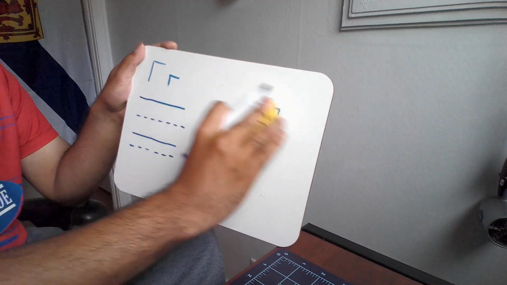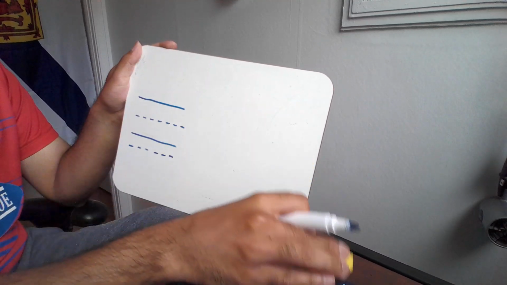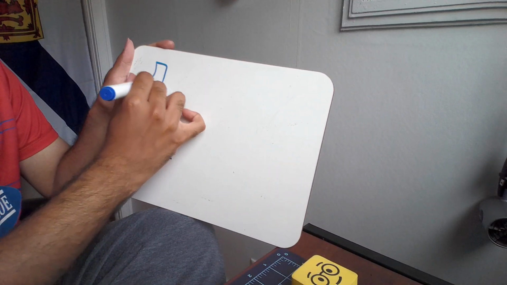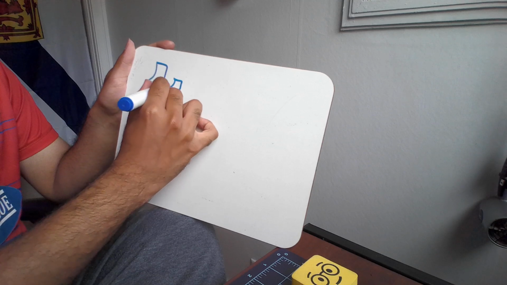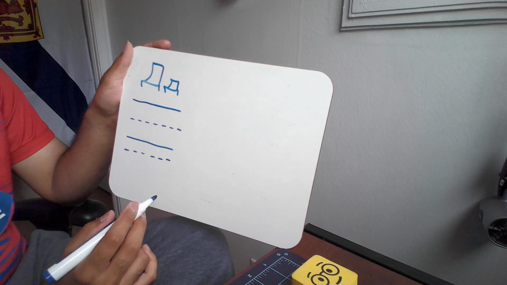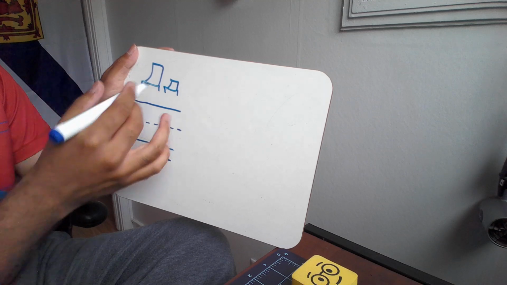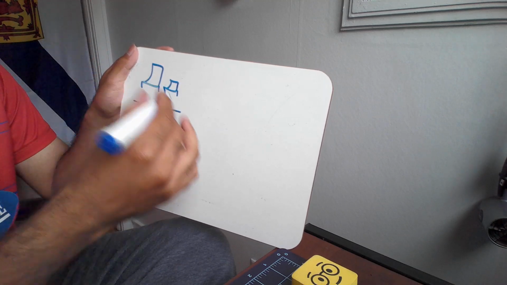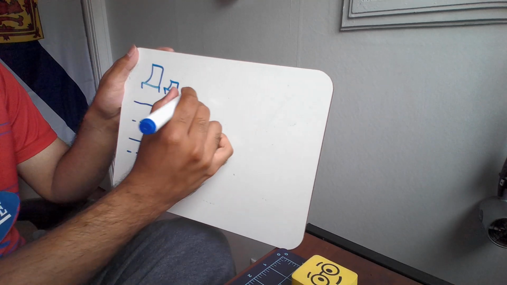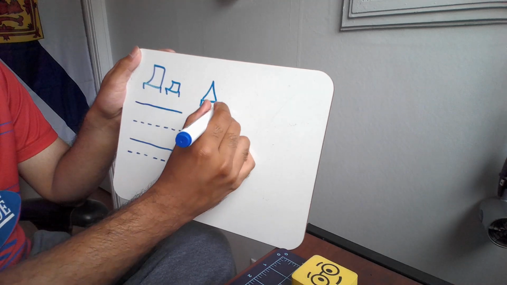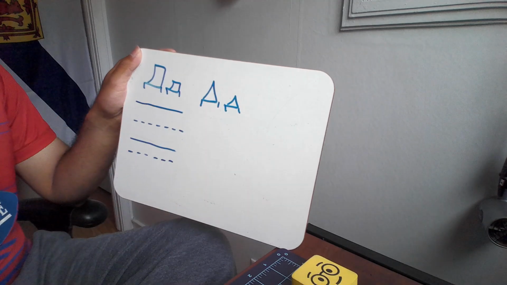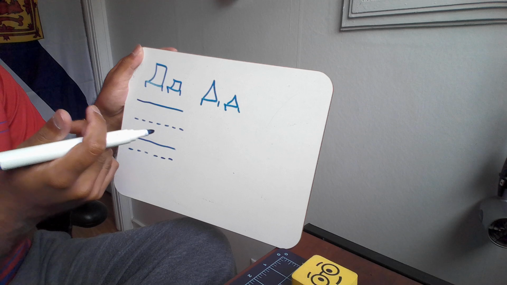D is a little bit interesting because in printing it looks like this when it's printed. A lot of people, so like printing meaning like on a computer, but when people print like handwrite one letter at a time, a lot of times it'll be a triangle. It'll be something like this.